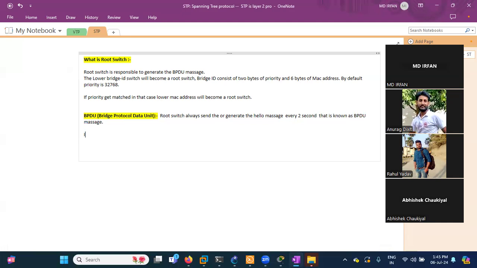Hello BPDU is used to elect the root switch.